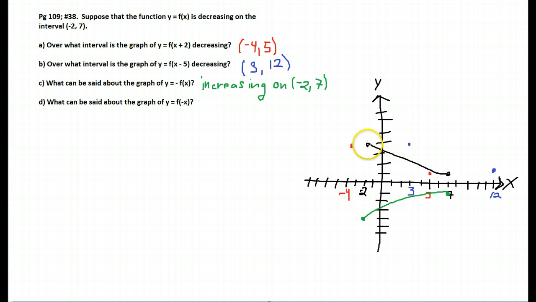We would take the same point and make its x coordinate positive 2. Right here. And this point here, its x coordinate is 7. Keeping the same y coordinate, we would make the x coordinate negative 7.